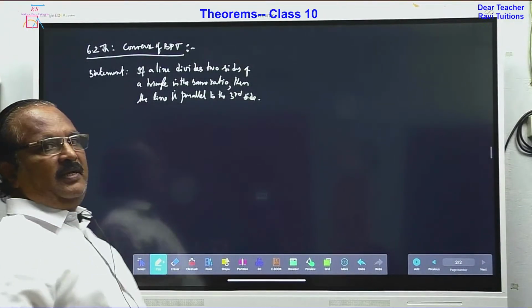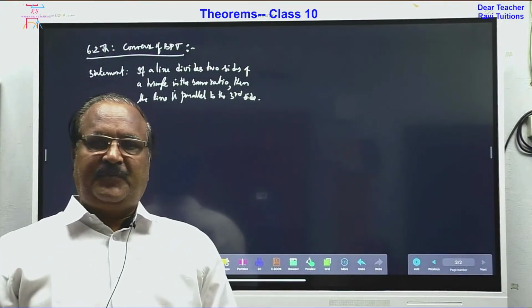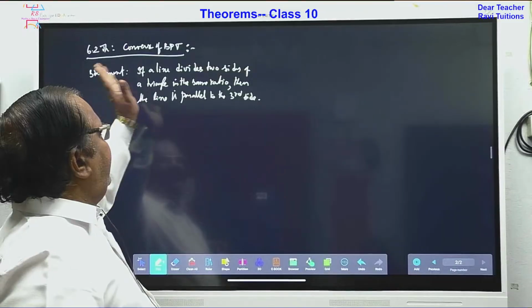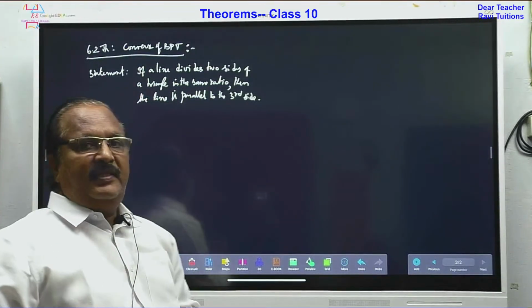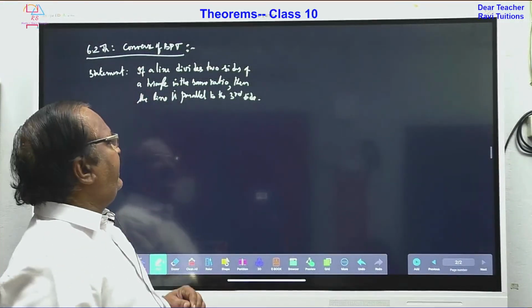So this is the statement. Okay, the line divides two sides of a triangle in the same ratio, then the line is parallel to the third side.